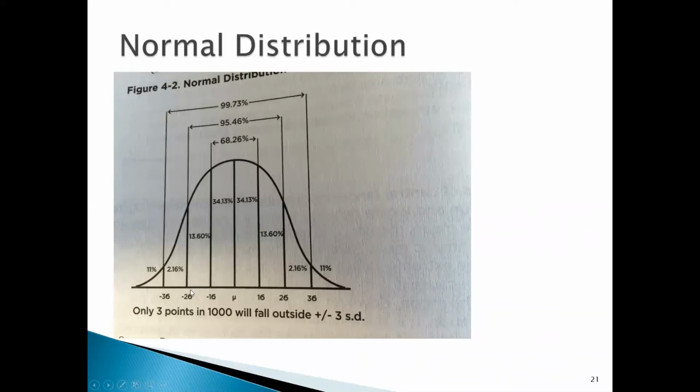2 standard deviations are out here from minus 2σ to 2σ, okay, these lines here, and that means 95.46% of the data in a normally distributed population of data points is going to be right in 2 standard deviations of the mean, okay, and that's here and here.